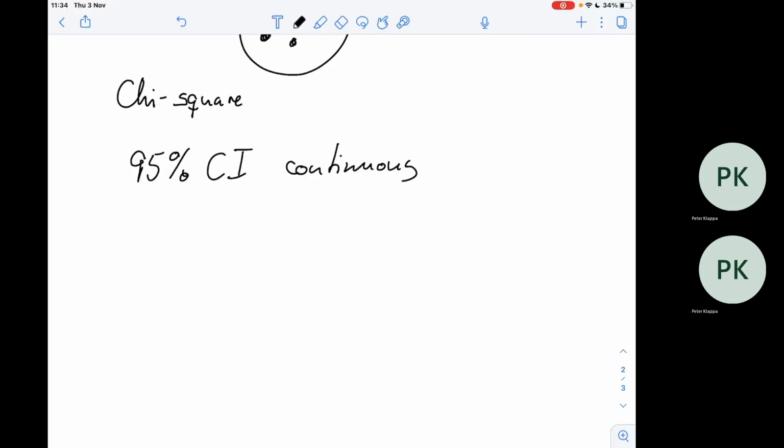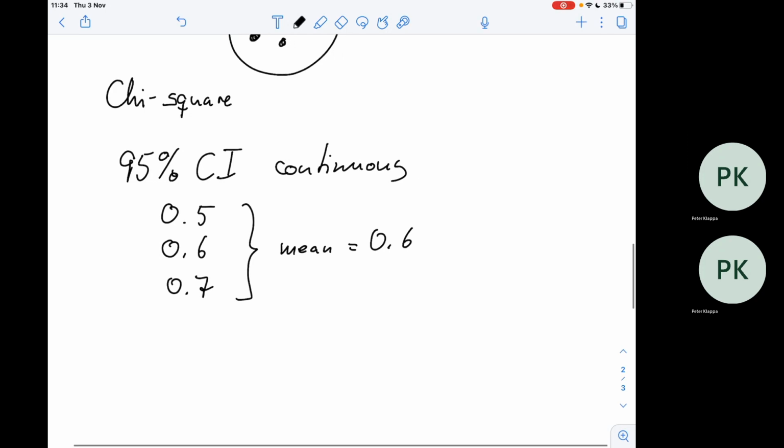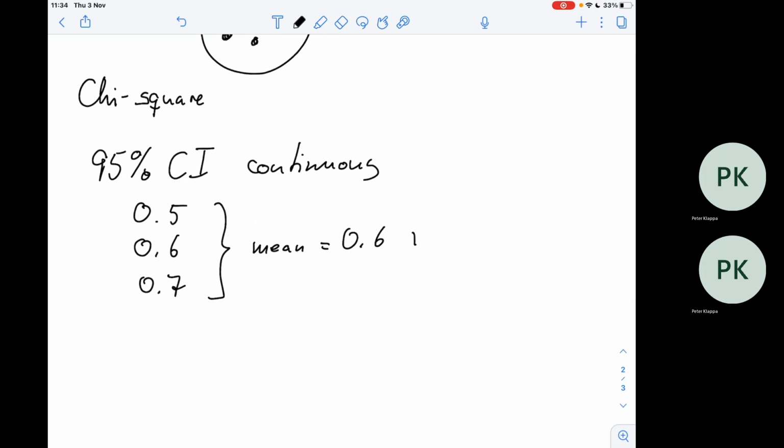So here we had 0.5, 0.6, 0.7. Mean 0.6 plus minus 0.25, let's say.